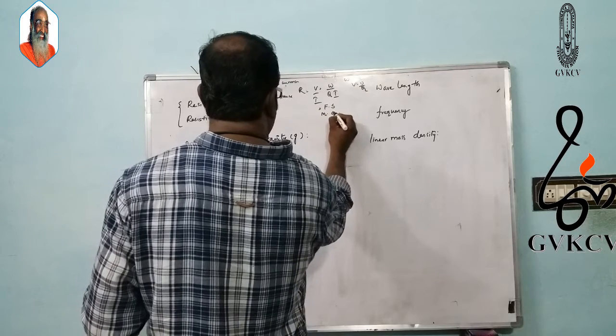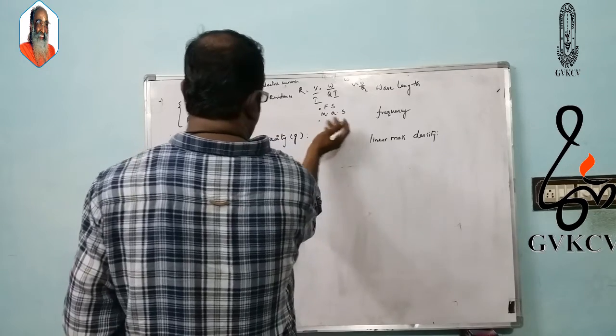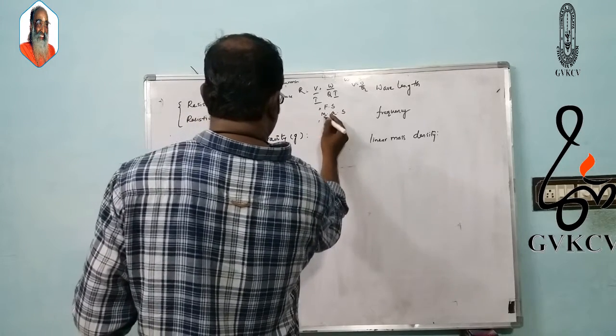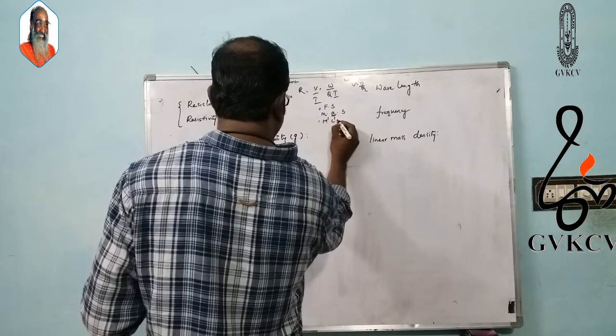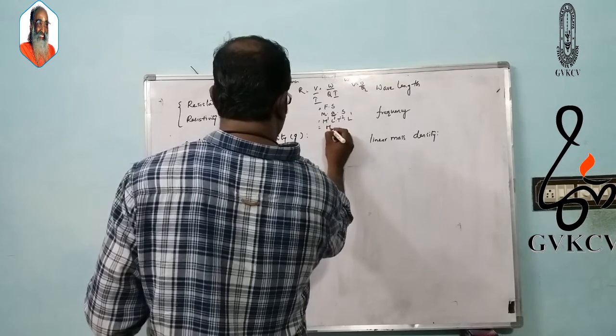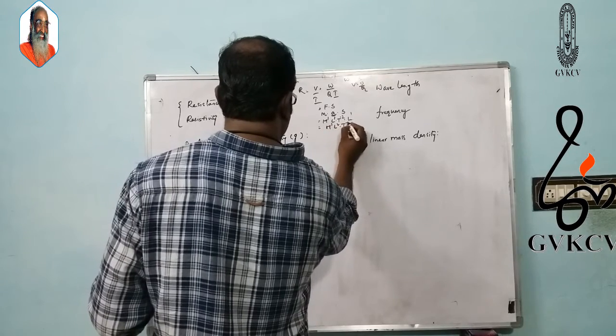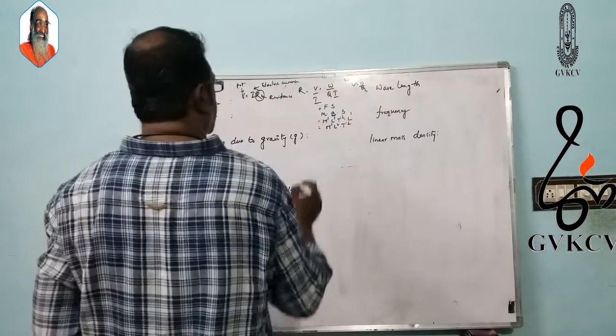So M, A, and S is S itself. Don't read it as the mass, MAS. So this is M1, L1. For acceleration it is L1 T power minus 2, and it is L1. So it leads to M1 L square T power minus 2. So this is the dimensional formula for work.